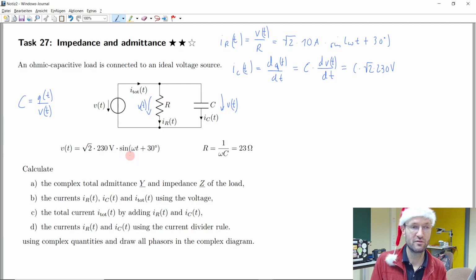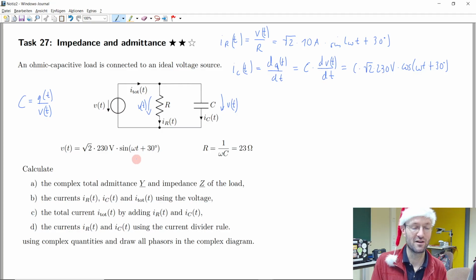And what is the time derivative of the sine function? It's a cosine function. So a cosine function of the very same argument, and we calculated the time derivative with respect to time, but inside our cosine function we not only have the time, but we have some factor before the time.